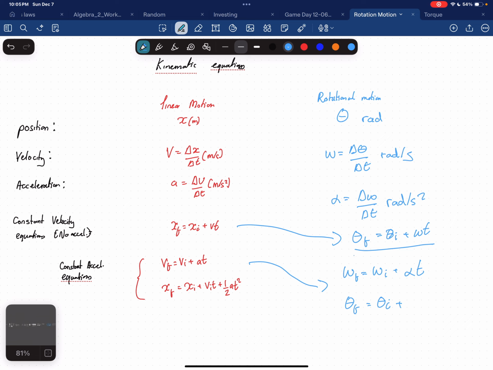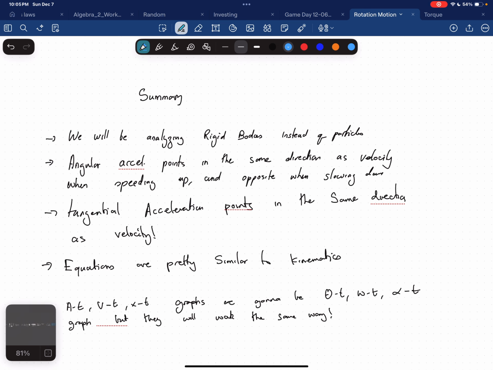That's the equation for constant angular velocity. And then these two here, you use them when you are moving with an acceleration. So this is going to be theta i plus omega i, the initial angular velocity, times time, plus one half alpha t squared. All right. So I hope this video is useful.